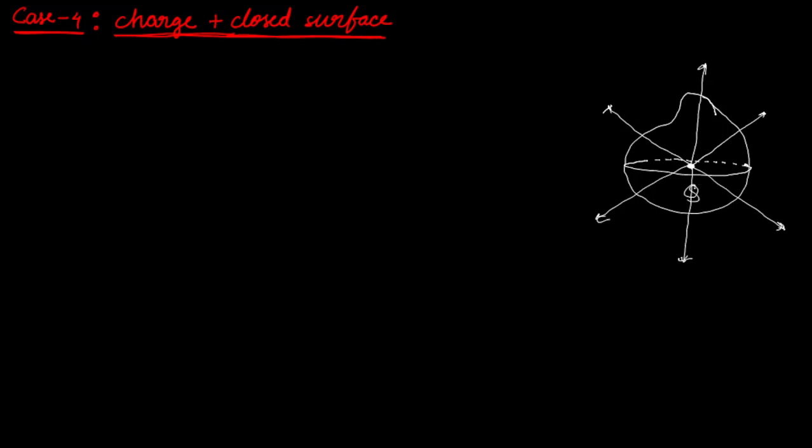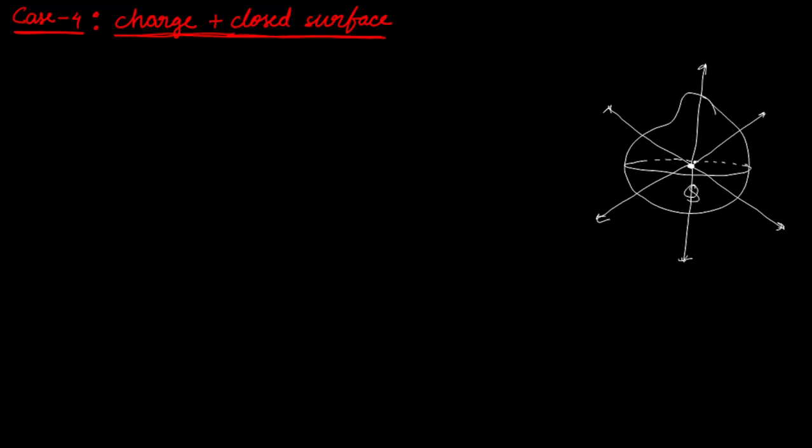So in this case we have a charge and a closed surface, and we can use Gauss law. So what has been said in Gauss law? Let me first write the statement of Gauss law, and then we'll come back to this point again. We'll try to prove how we can calculate the total flux for this case.